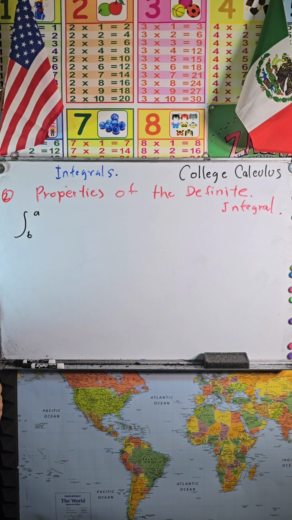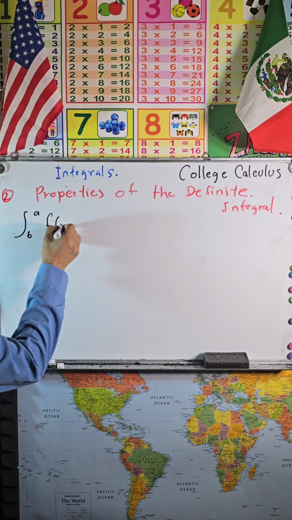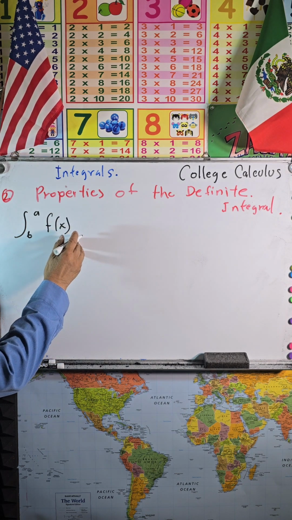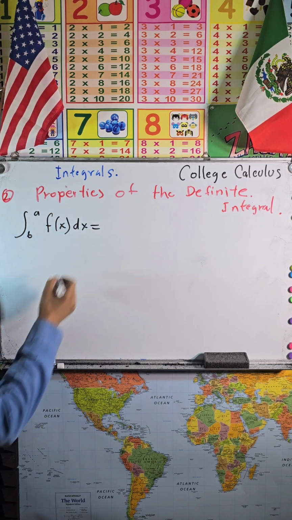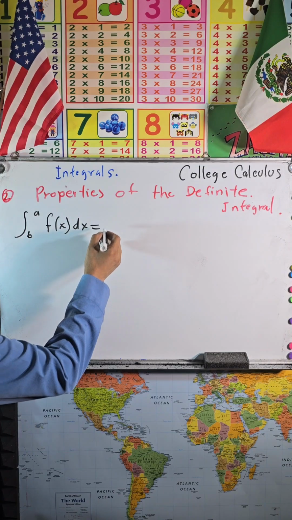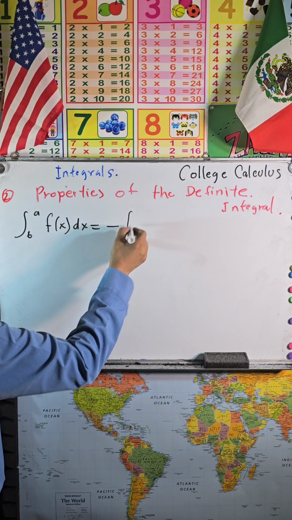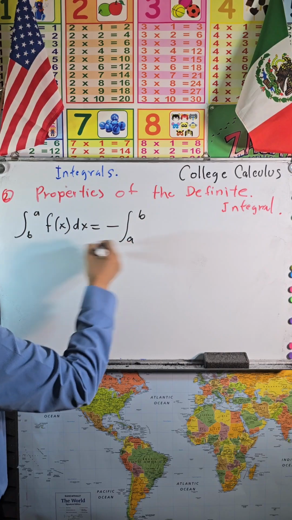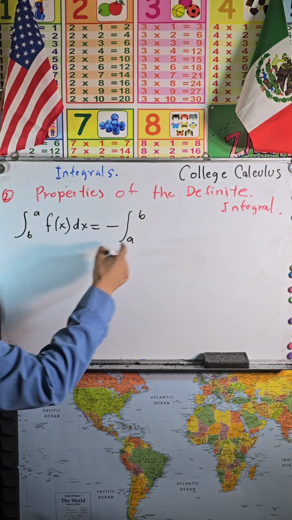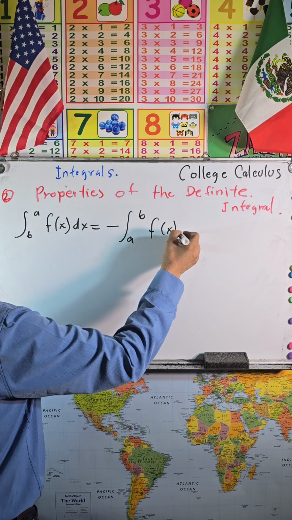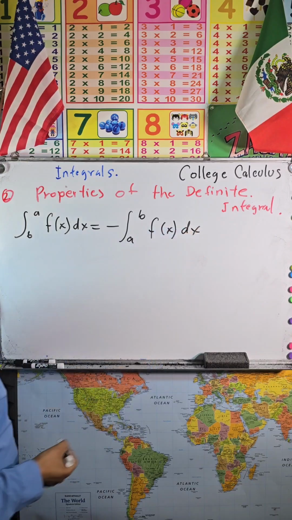We have the formula like this: the integral of f of x differential x will be equal to, now we have the inverse right here, the change, the integral of f of x differential of x.